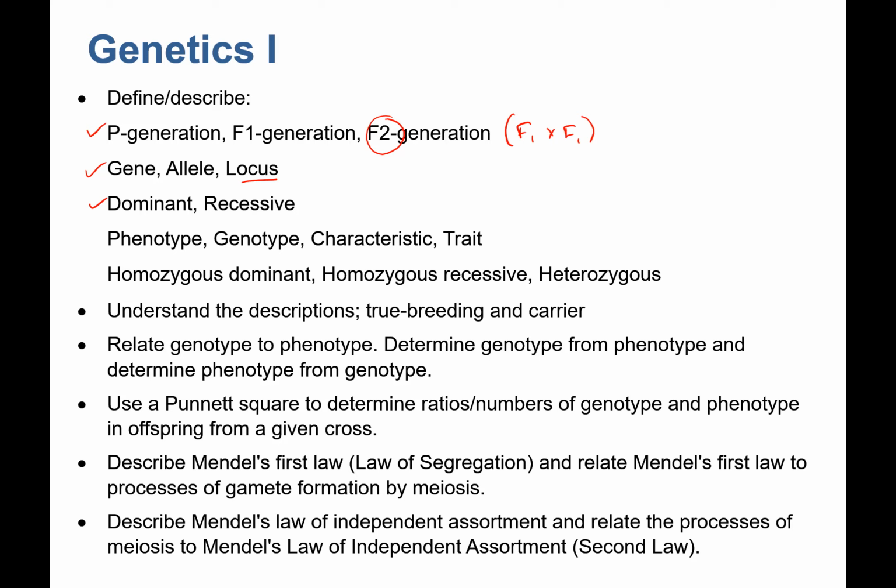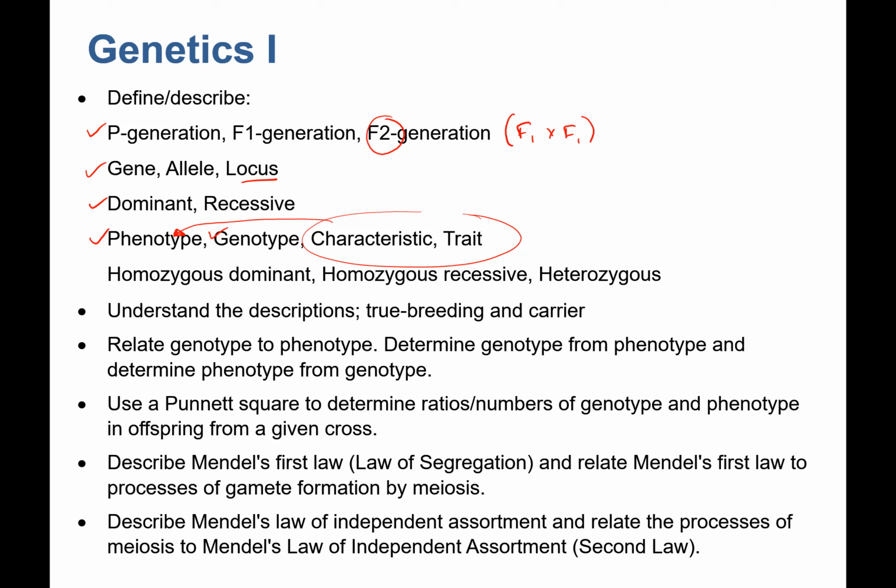We've talked about dominant and recessive traits, dominant being the one that shows up whenever it's present, recessive not showing up unless it's homozygous recessive. We've talked about phenotype being your physical characteristics, genotype being your genetics. Your characteristic or your trait is really talking about phenotype.